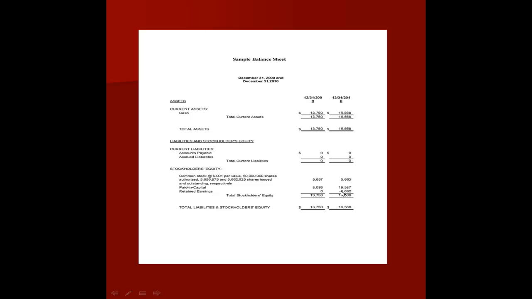In this case, they lost $8,682, but they paid in more capital. So the stockholder equity the first year is $13,750, and now it's $16,568. And so that's a balance sheet.